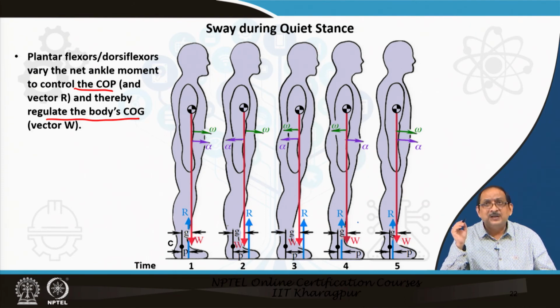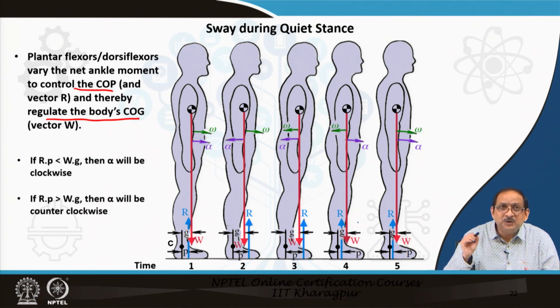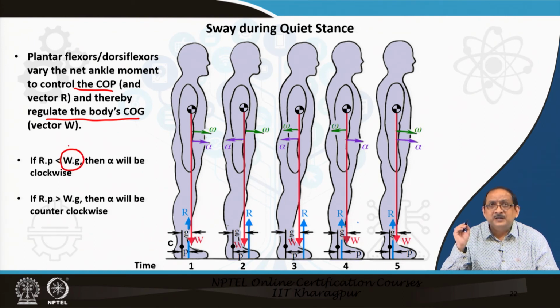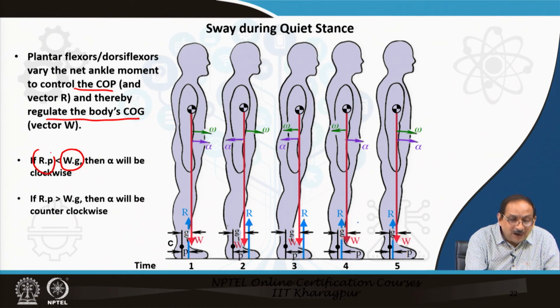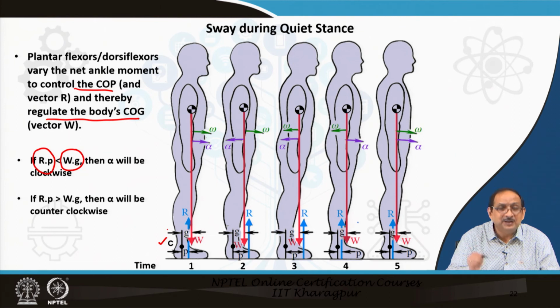Now, let us gain an insight into the mechanics involved in the whole swaying phenomenon. Now, it should be noted first that there are two moments. One is the moment created by the weight, that is W into G. The other is the moment R into P, and these moments are about the ankle joint center C, as indicated in the figure.